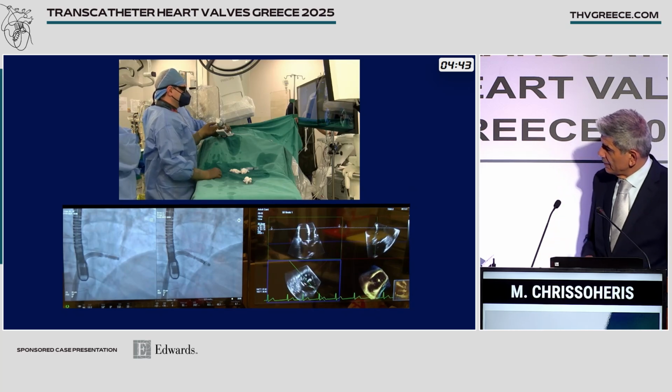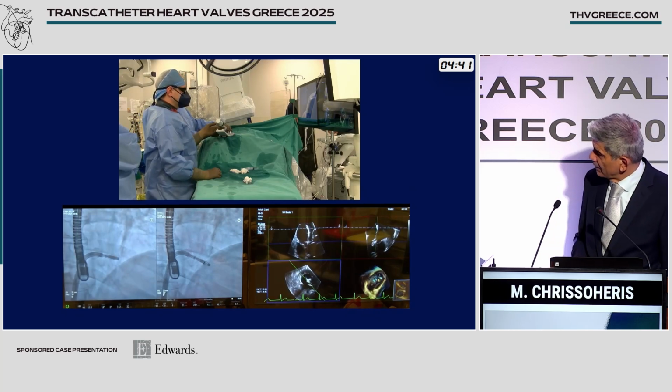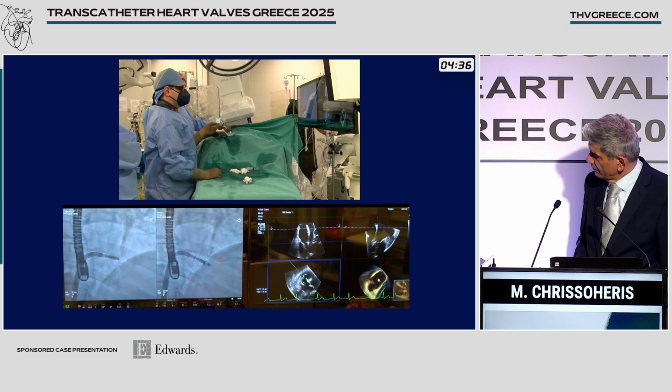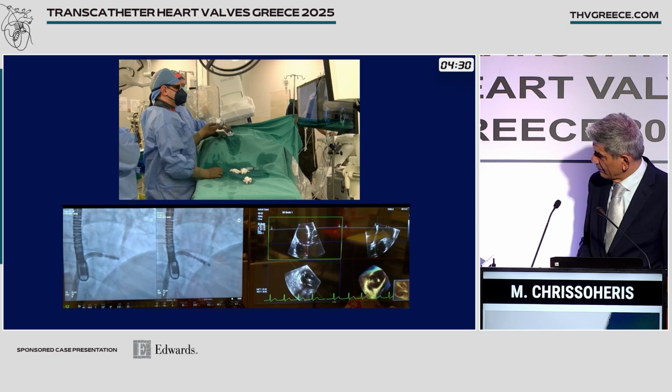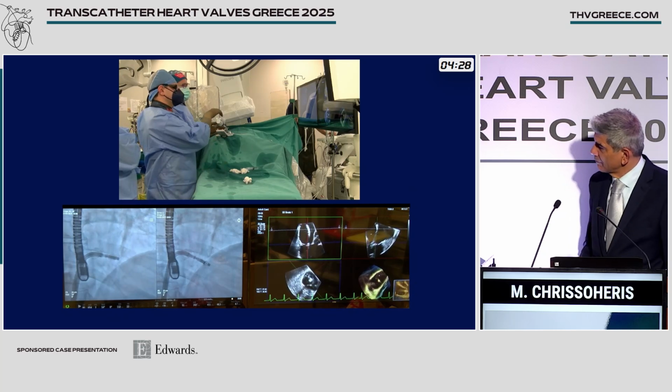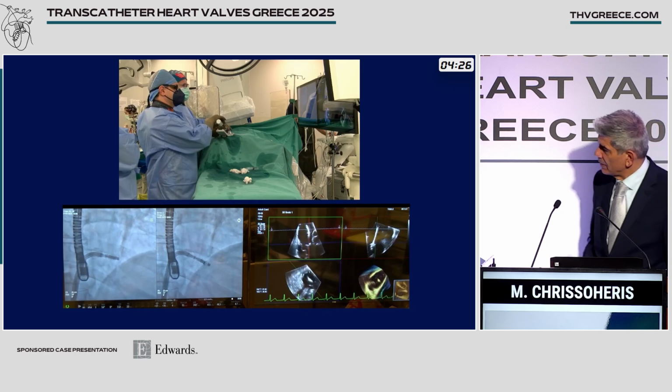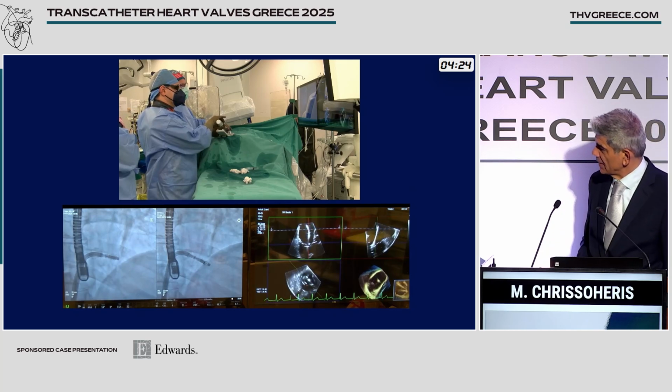So we advanced with the device closed. We will advance into the right ventricle. And once we're below the leaflets, we will open the device.